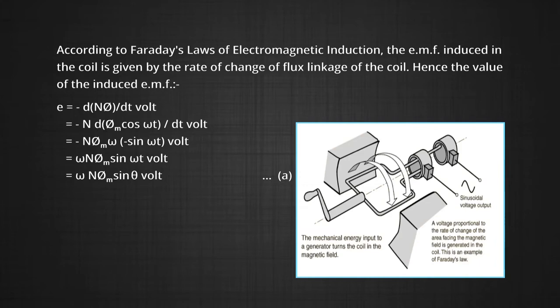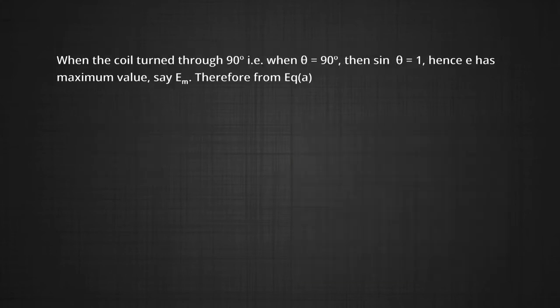We will call it equation 1 or equation A. When the coil turns through 90 degrees, that is when theta is equal to 90, sin theta will be 1. Hence, the value of EMF E is maximum, or E m.